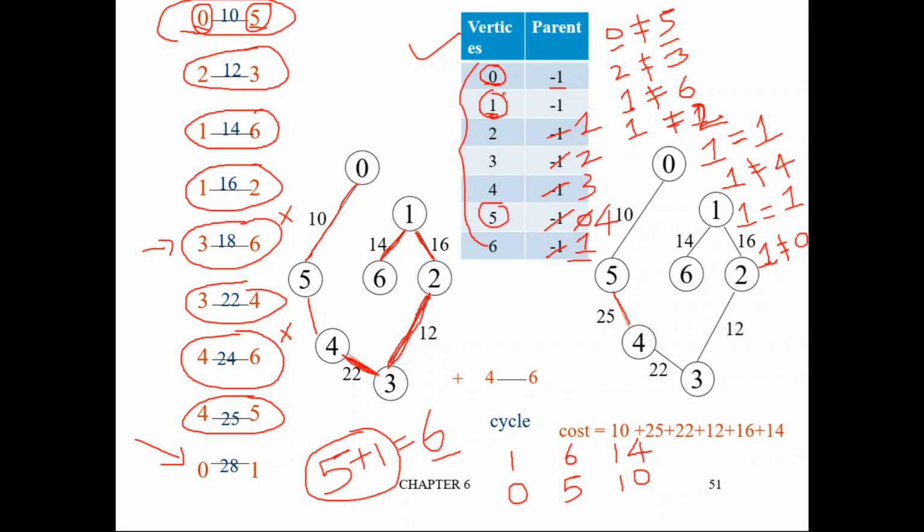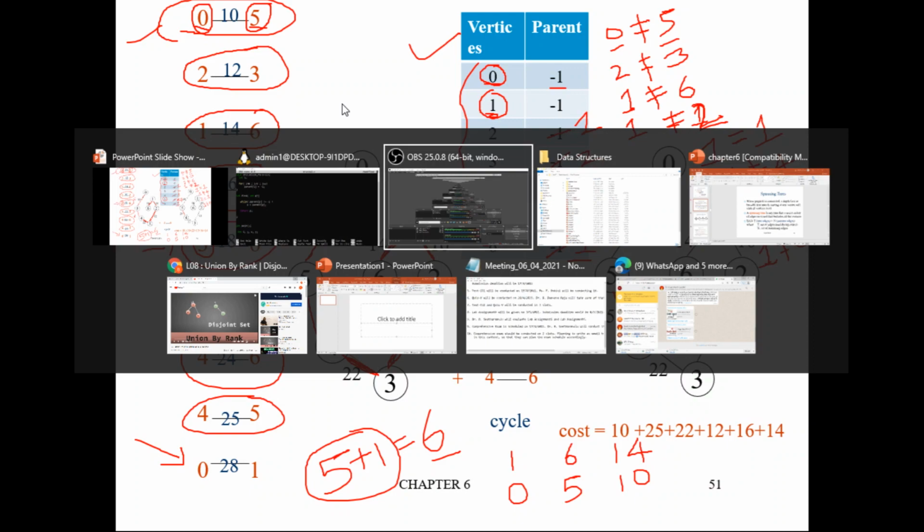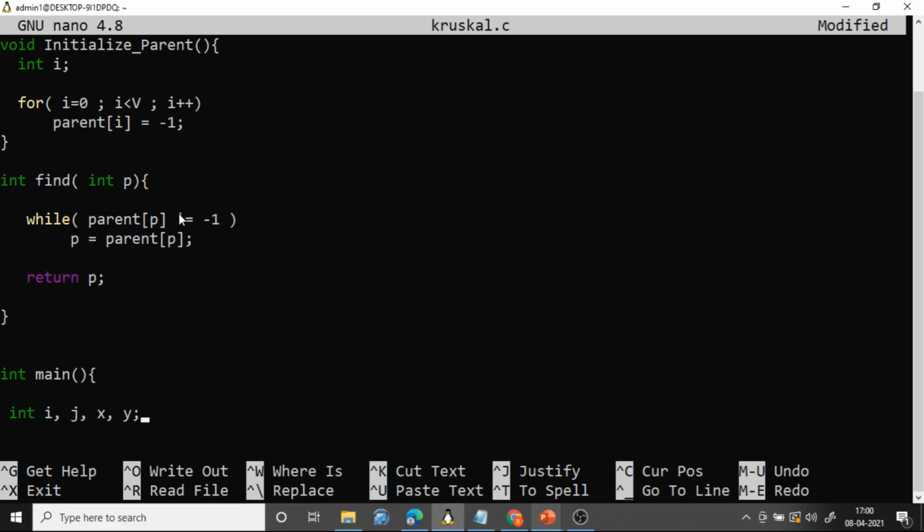Parent of 1 is -1, so it will return 1. That is, when you pass 3 to find, it will actually return 1. When you come to this particular edge, initially 3 also will return -1. Are you getting? So that is what that function does. I hope you are understanding.